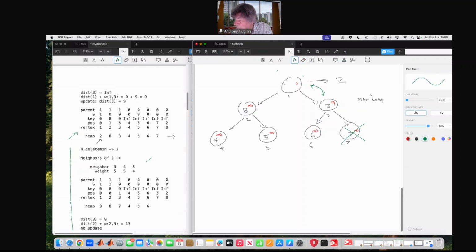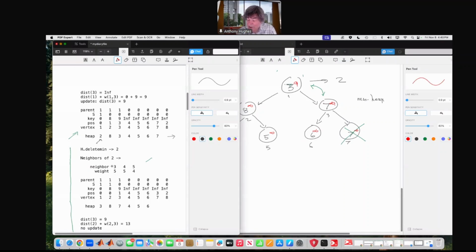So this becomes 3 with 9. And the one below becomes 7 infinity. There we go. So now we're ready to look at the neighbors.